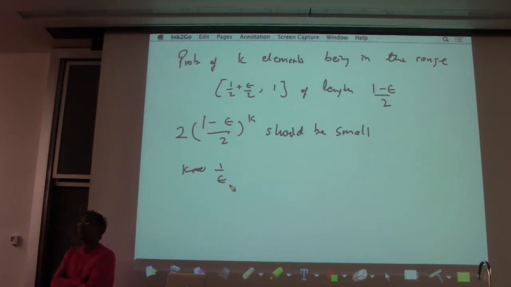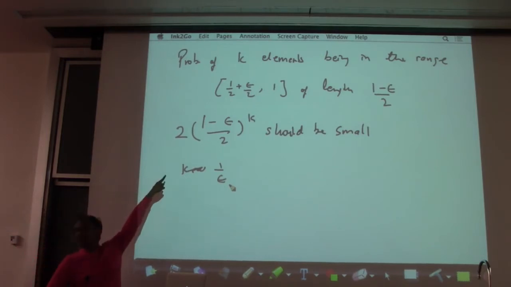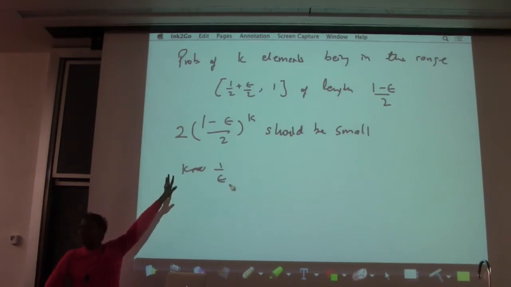So how does the chance of success change when we change the epsilon? I mean, what is the chance of success of the approximate solution when we change the epsilon? Is there a formula for that? It's kind of messy, but yes, there's a formula. Basically, this is the probability of error, 2 times 1 minus epsilon over 2 to the k, roughly.